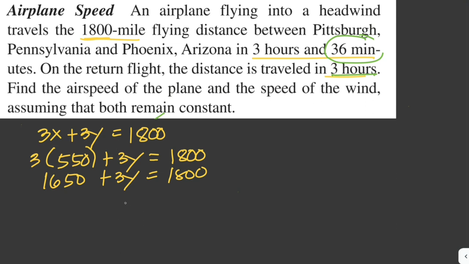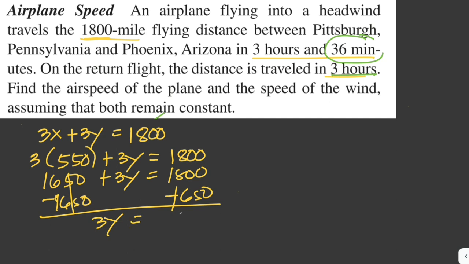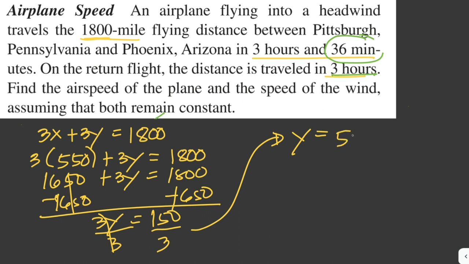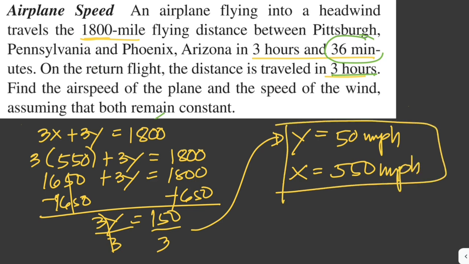Alright, so we have 1,650 here, and we subtract 1,650 from both sides. Now we have 3y equals 150, divide by 3. Therefore, y is just equal to 50 miles per hour. Therefore, the speed of the plane is 550 miles per hour, while the speed of the wind is 50 miles per hour.